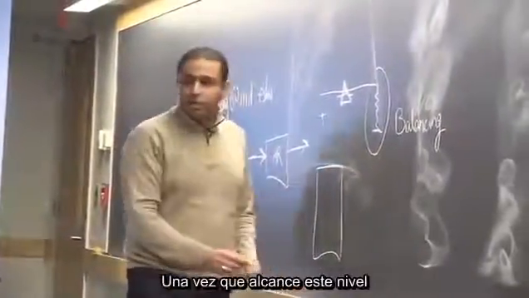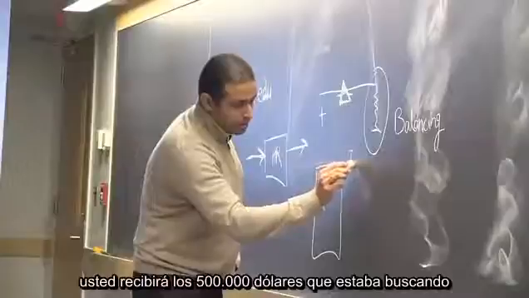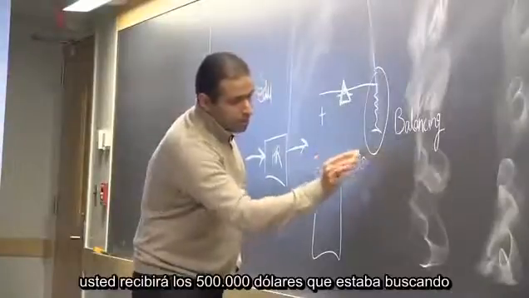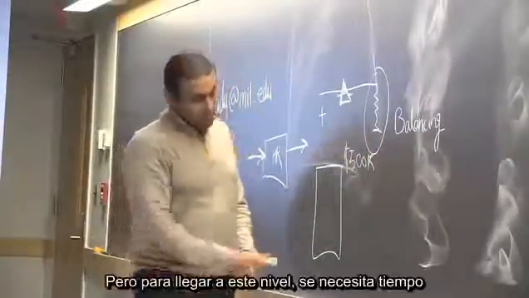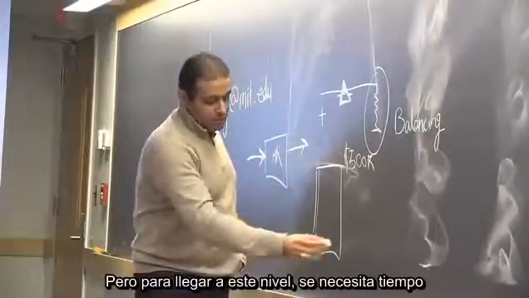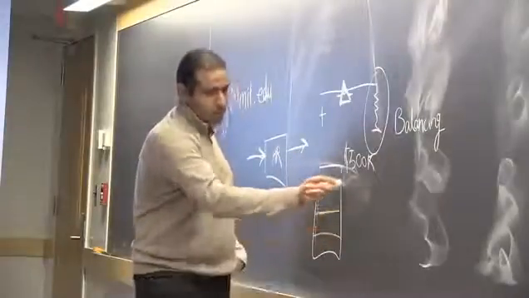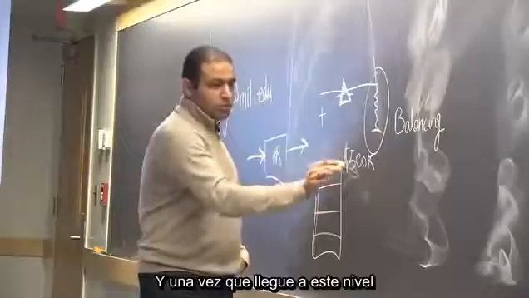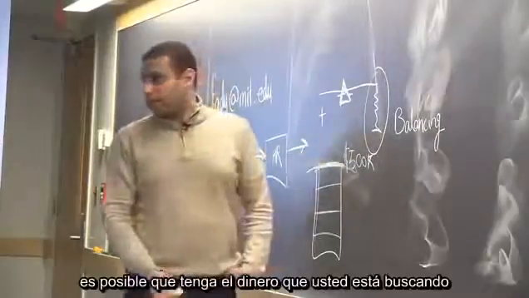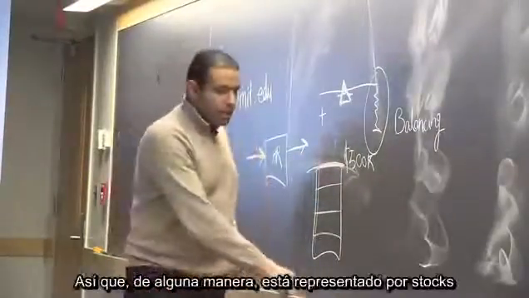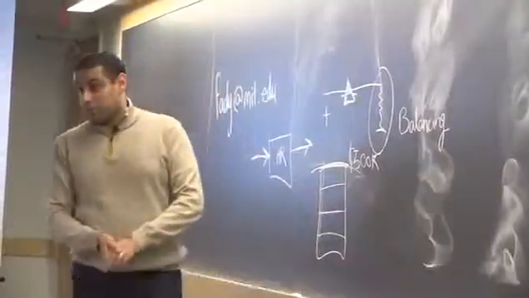Once you reach this level, you will get the 500K that you are looking for, right? But in order to reach this level, it takes time. And once you reach it, yes, you might have the money you're looking for. So it's represented by stocks.